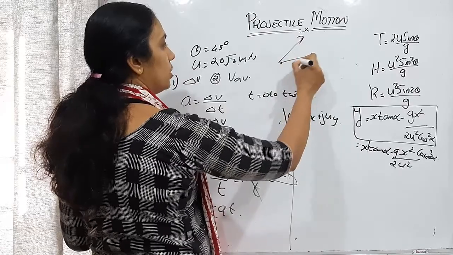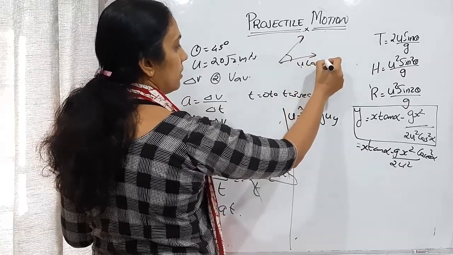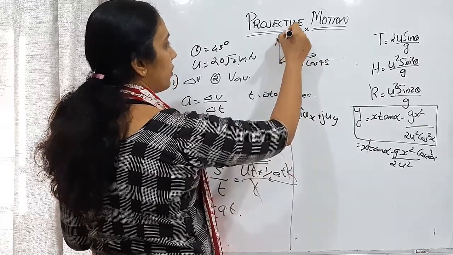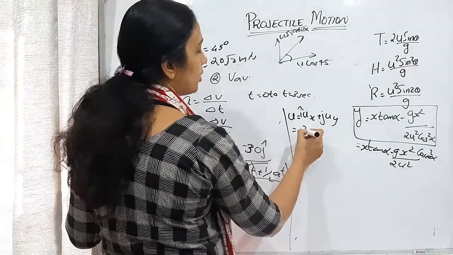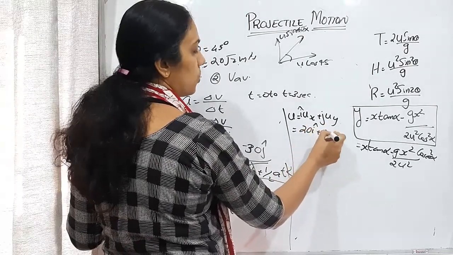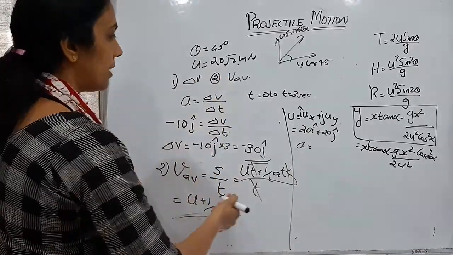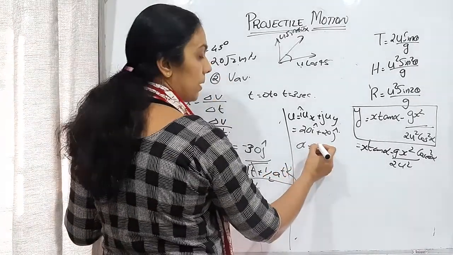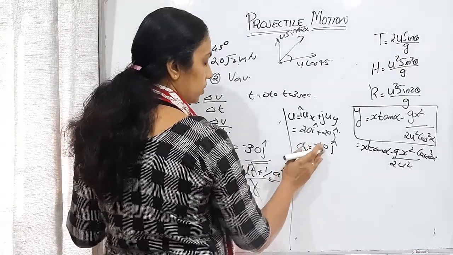Here ux is u cos 45 and uy is u sin 45. 20 root 2 into 1 by root 2, both are 20 only: 20 i cap plus 20 j cap. Then acceleration we will get as minus 10 j. Here it is minus 10 j. Ax is 0, sorry.